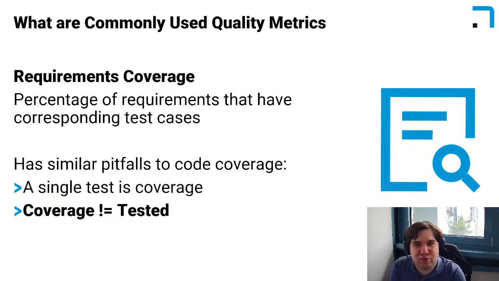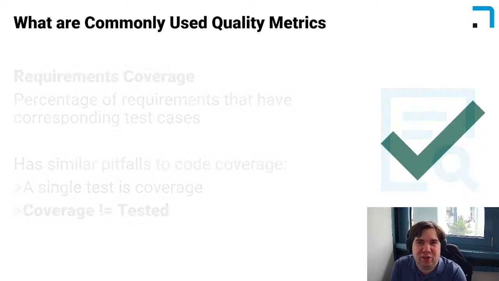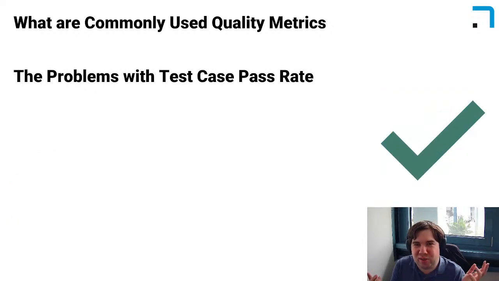So let's move on to test case pass rate, because test case pass rate is, of course, the obvious one. How many tests have actually passed in our most recent test run? 100% test pass rate means all the tests have passed. That's perfect, isn't it?